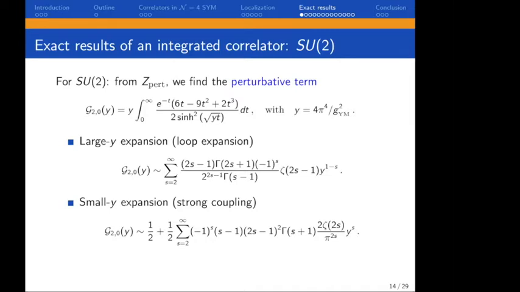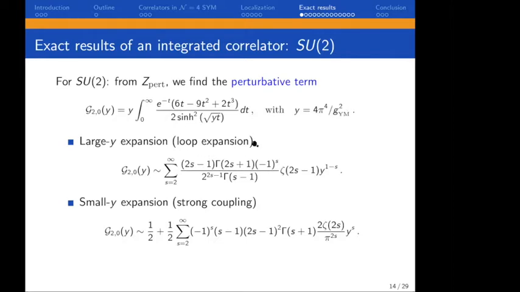So this is not straight out of that 1-dimensional integral of the matrix model, but anyway, it's equivalent. I take this simple form. And the y is basically 1 over g_YM squared. Okay. So from this formula, you can do a small, say, large y expansion. Large y expansion is basically small g_YM expansion.